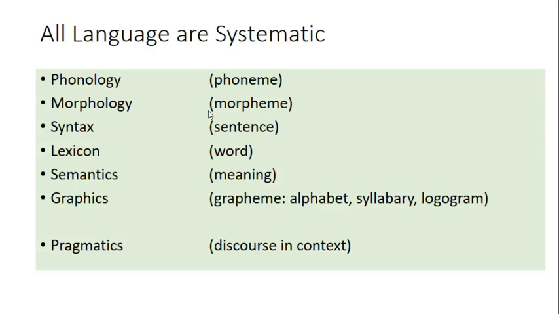Obviously, anybody who's ever tried to read Shakespeare knows that our lexicon has changed over time, and it continues to change. New words are being coined all the time. So a lot of linguistic study imagines language as a synchronic system. That is, a language at a slice in time.